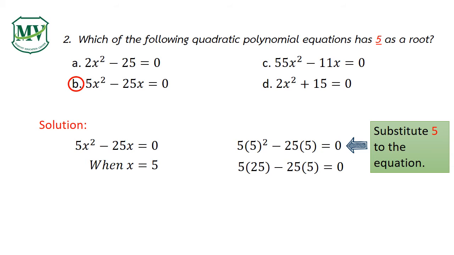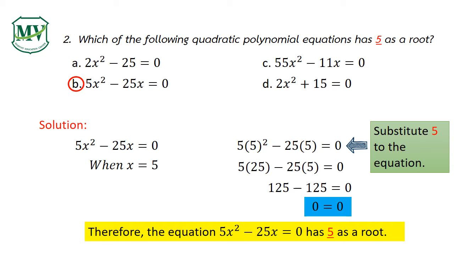So it will become 5 times the quantity of 25 minus 25 times the quantity of 5 is equal to 0. And 5 times 25 is equal to 125 minus 125 is equal to 0. So it will become 0 is equal to 0. Therefore, the equation 5x squared minus 25x is equal to 0 has 5 as a root.